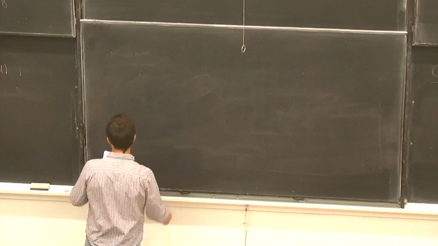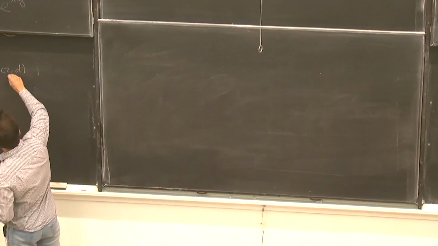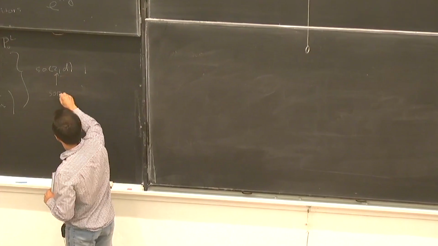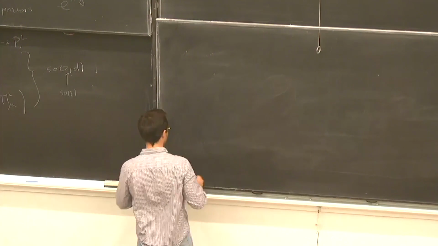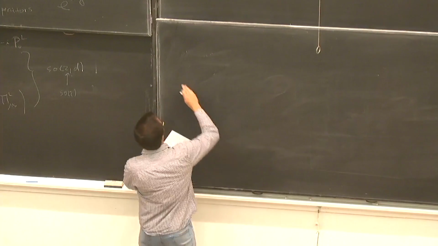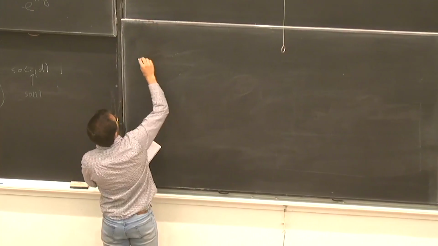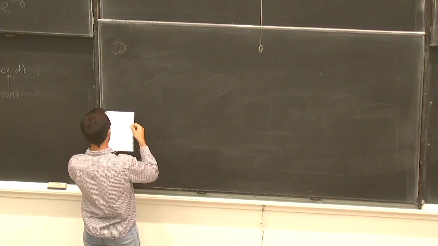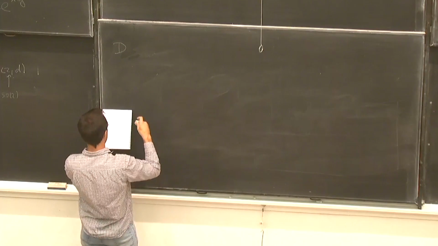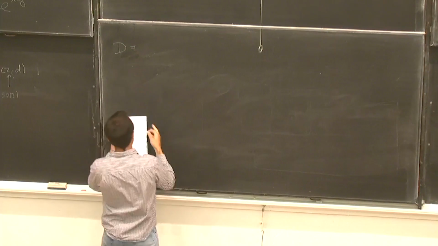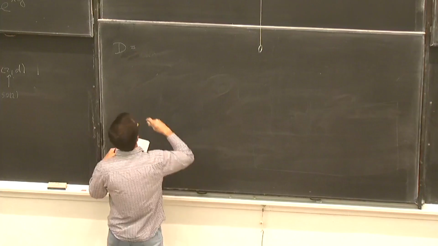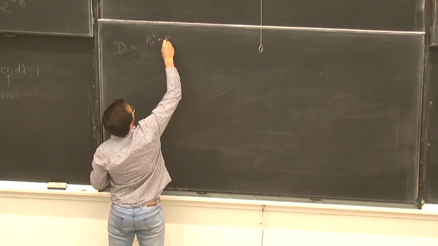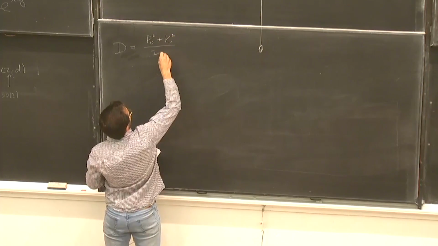Instead, we will start with a generator which generates this SO(2) inside SO(2,d), which is called the conformal Hamiltonian. There is a specific generator which I'm going to call D, for reasons which will be clear very soon. This generator is just (P0 Lorentzian plus K0 Lorentzian) divided by 2i.